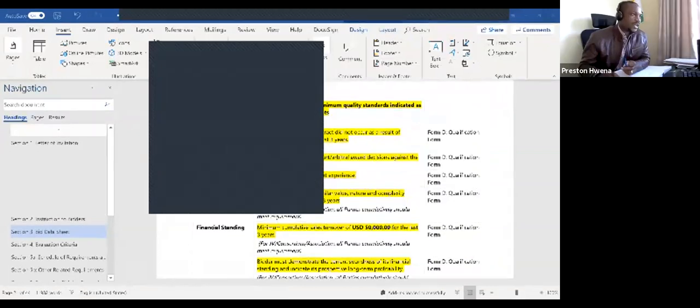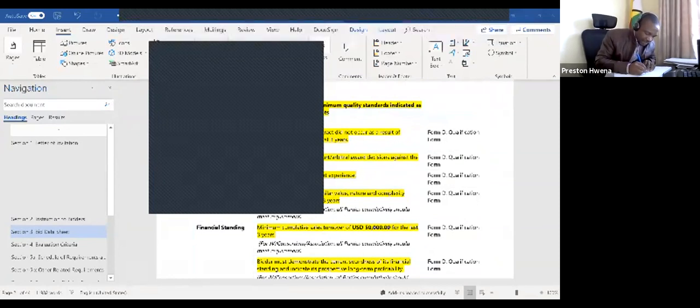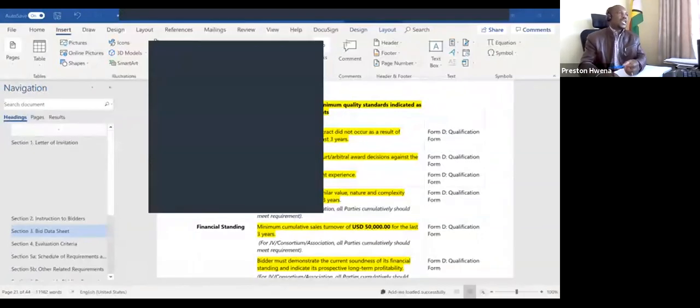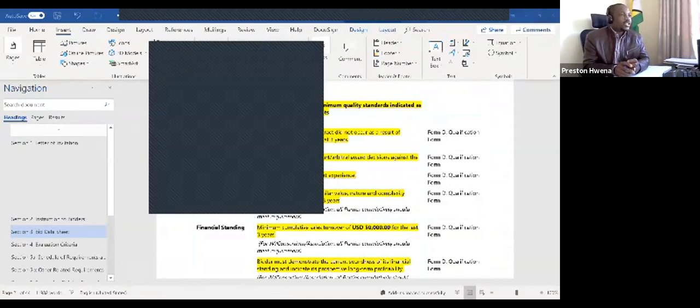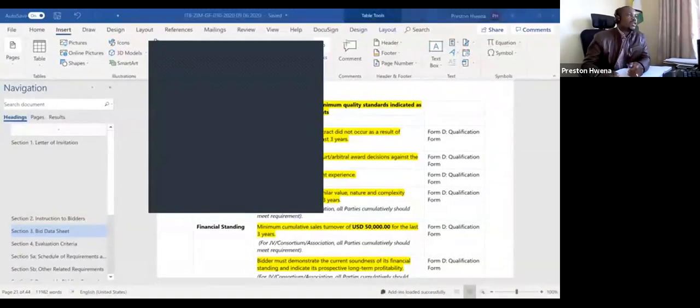Okay, thank you very much. Your question is, okay. What we do, I think in our ITB, it's clearly indicated, that we consider lot by lot basis. We don't expect you to supply everything, but where you know that you have key competence. For example, you find somebody might be a manufacturer of sanitizers only.